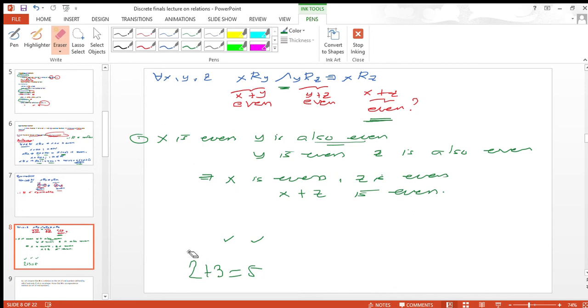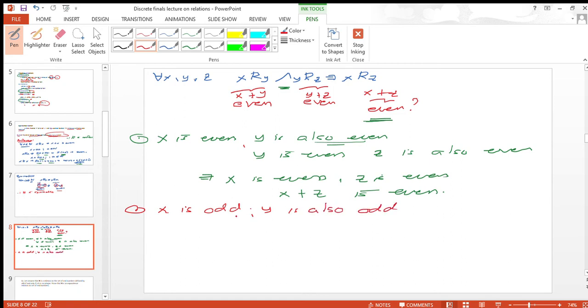Ano pa yung case na pwede mangyari? So yung isang case is odd. So for the other case, it should now be odd. So case is x is odd, but we have seen earlier that if x is odd, y is also odd.